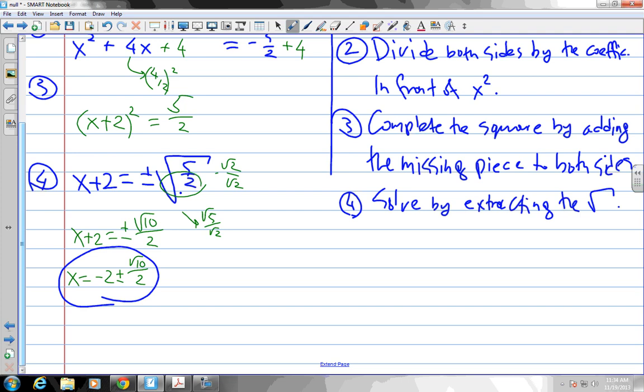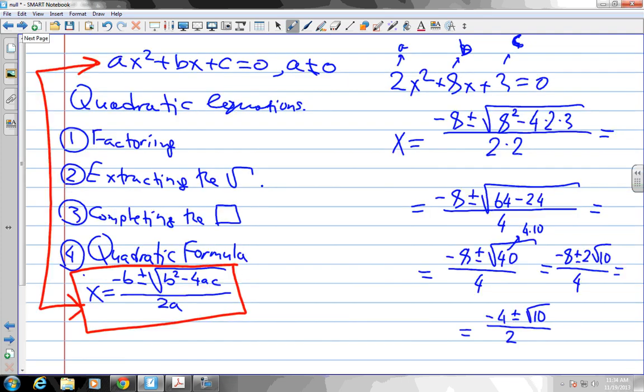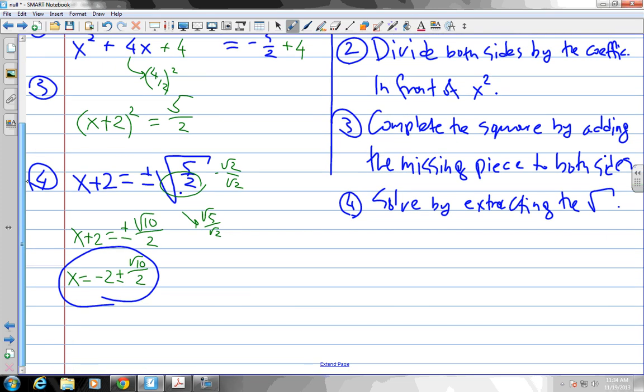So I have a negative 2, but it's not divided by anything. There I had negative 4 divided by 2, so that's the same thing, right? If I divide by 2, it's the same as what we got before, right?